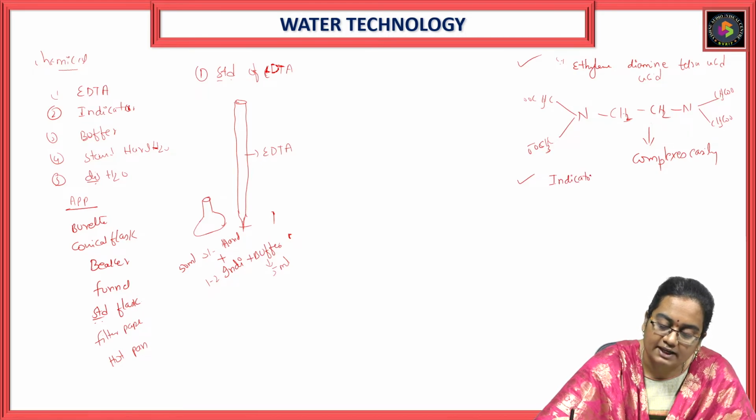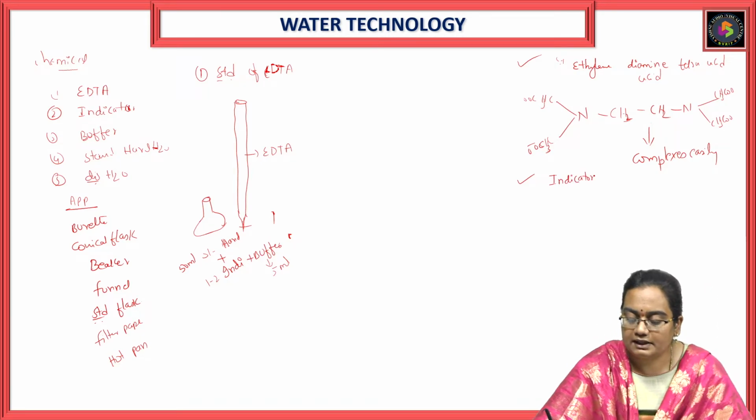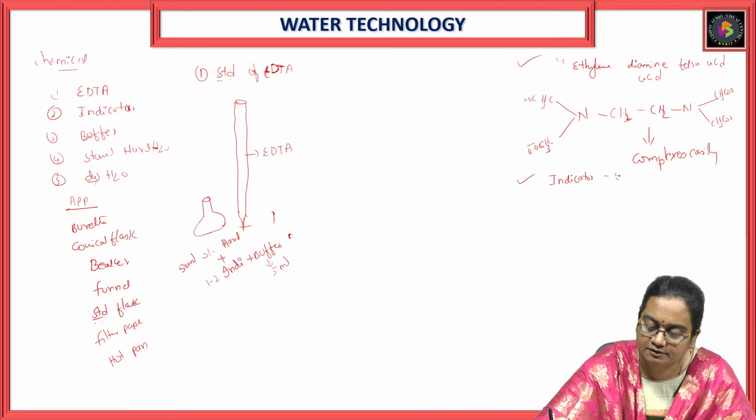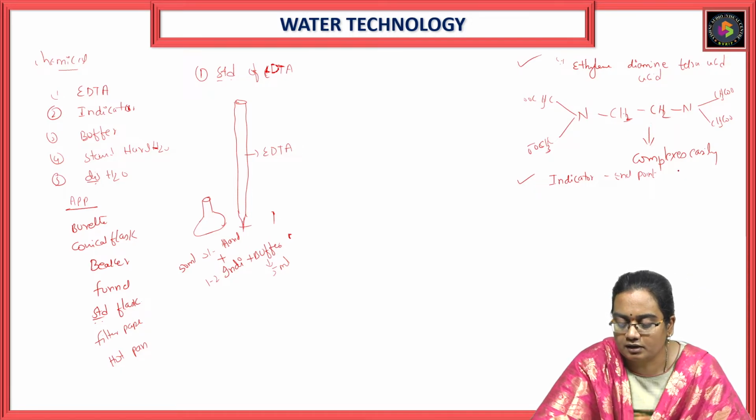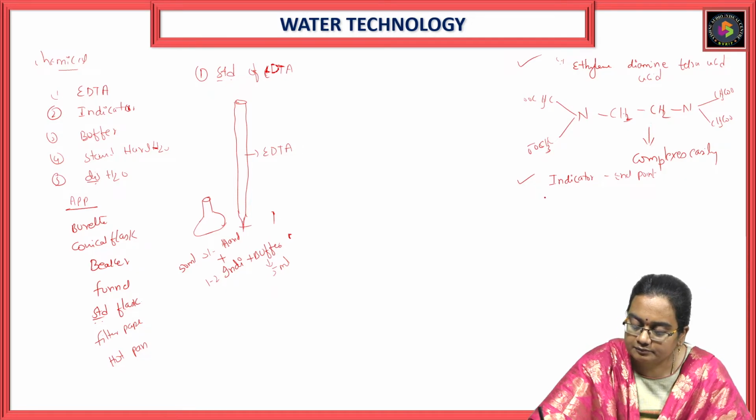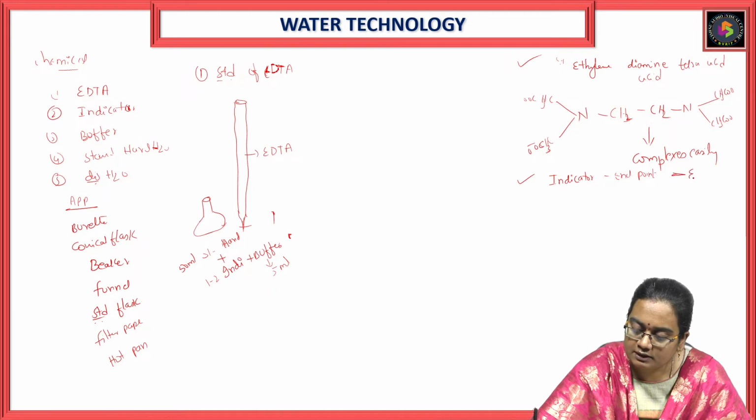The indicator is used to identify the end point of the titration, and the indicator we are using is the EBT indicator, which is blue in color.